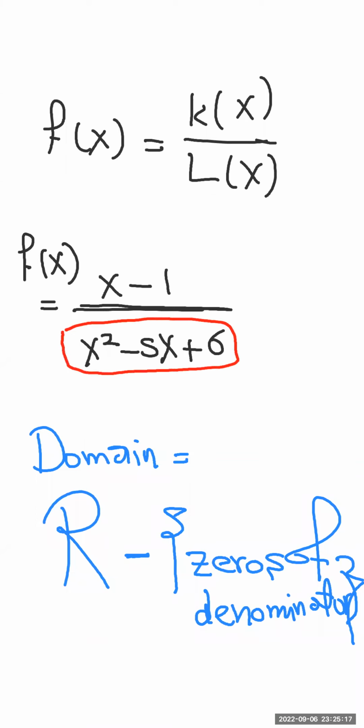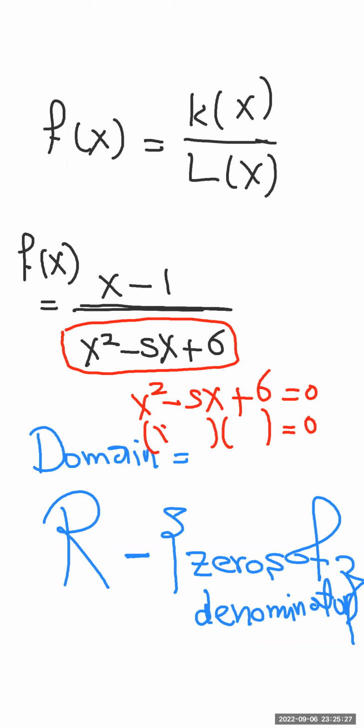I will say that x squared minus 5x plus 6 will equal 0. If I factorize this one, then x and x, then find the two numbers whose product is 6 and whose sum is 5. 2 and 3.